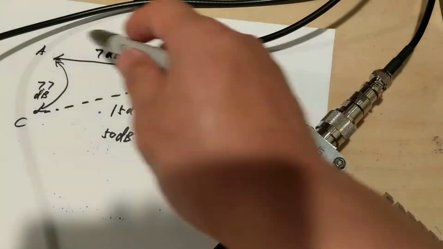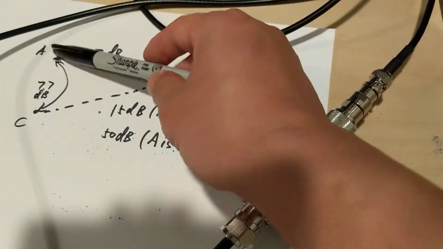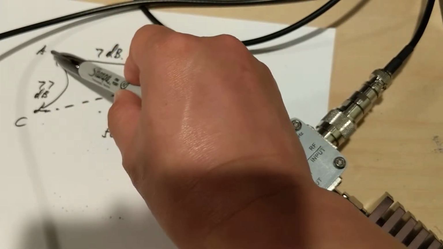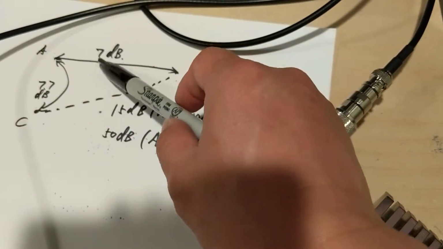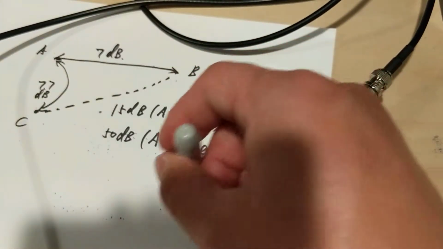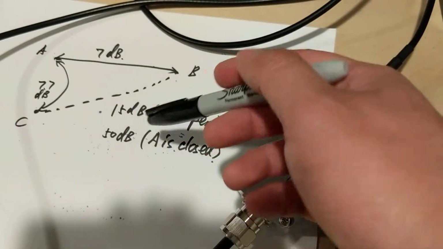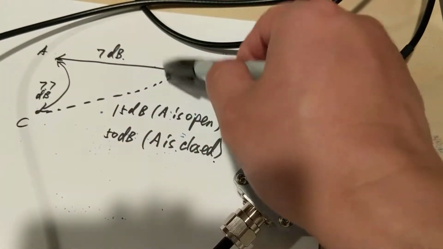So based on these numbers, what's our conclusion? First, this box is not good for monitoring, because if I feed the signal from A, the signal is cut 7 dB lower, and 7 dB is almost 6 to 8 times lower, so I lose quite a lot.